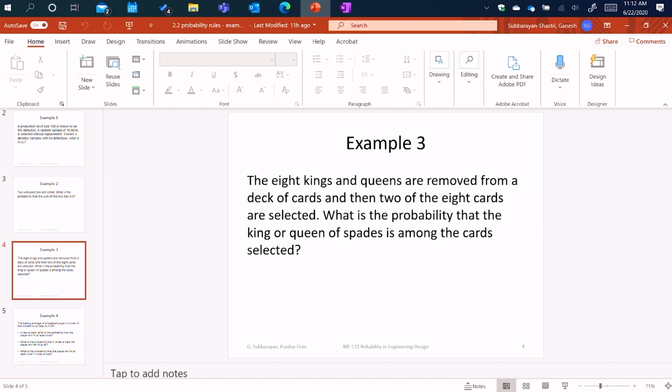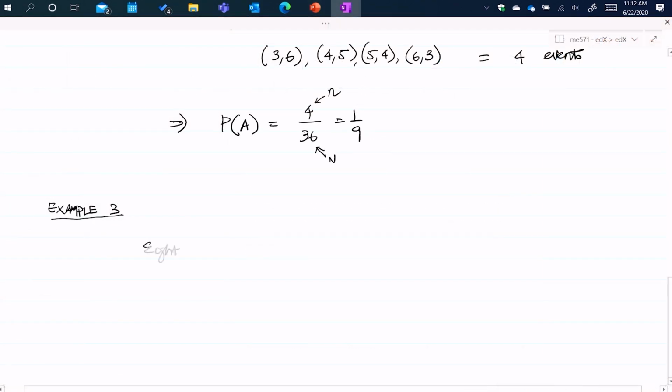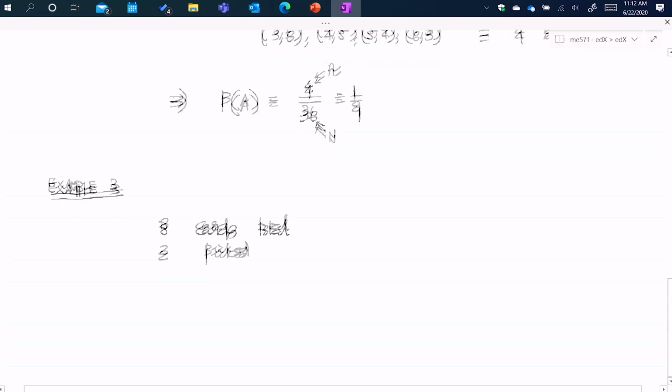So we pick 8 cards from a deck, and only the kings and queens are picked from the deck. And I pick 2 cards out of the 8, and I ask the question, what's the probability that king or queen of spades is among the cards selected? So we have 8 cards, and we pick 2.